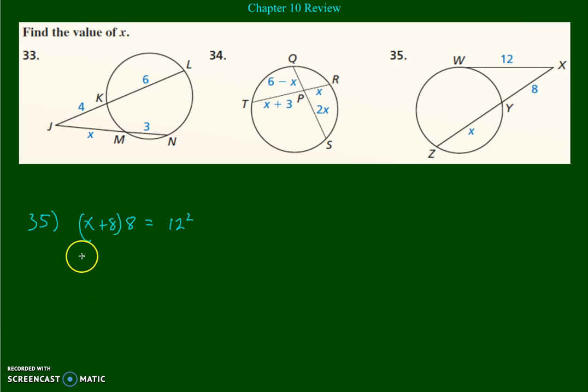Multiplying through, we have 8x plus 8 times 8 is 64 equals 12 squared, 144. We subtract 64 from both sides, so we get 8x equals 80, x equals 10.